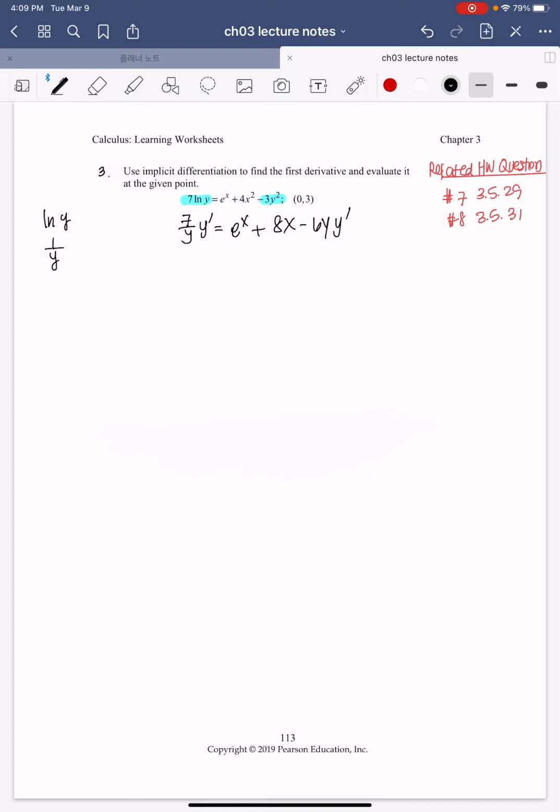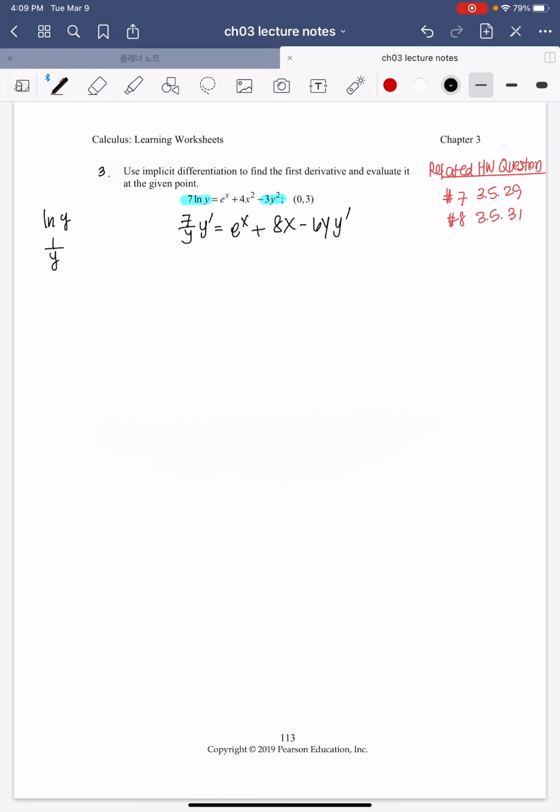The derivative of negative 3y squared is negative 6y, but it's a y term, so we have a y prime. So we took the derivative of the whole thing. You have to take the derivative of the whole entire equation, term by term.